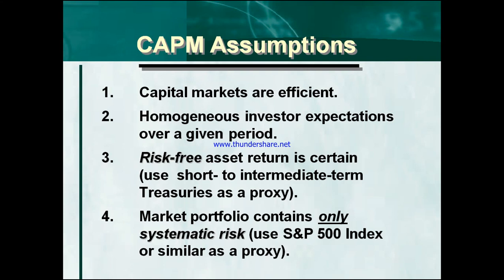The market portfolio contains only systematic risk. As I told you in previous discussions, total risk has two components: systematic risk and unsystematic risk. The capital asset pricing model assumption includes only the systematic risk.